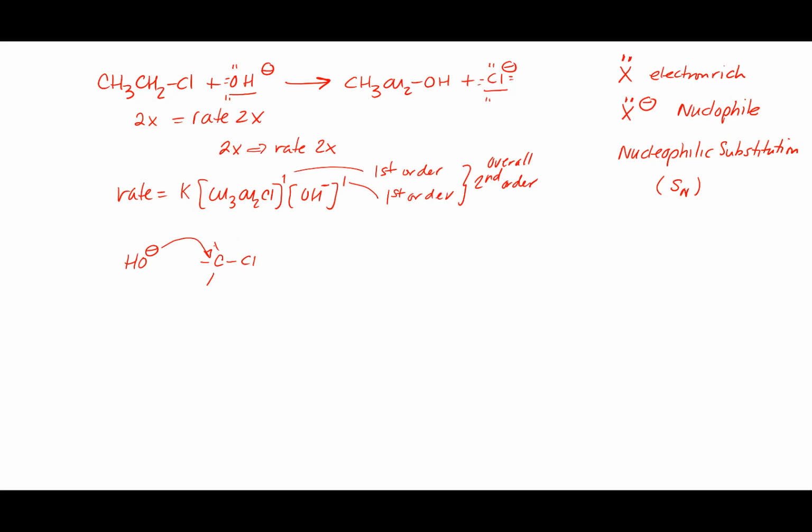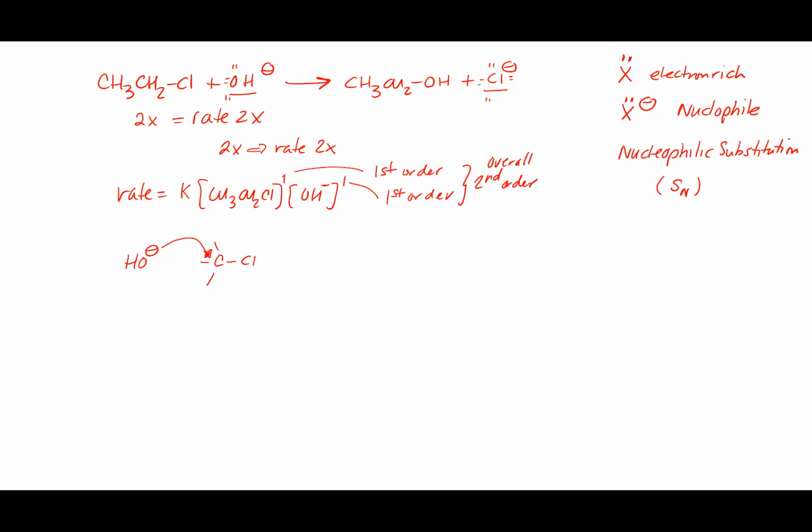And by attack, I mean it's donating its pair of electrons to the carbon to form a carbon-oxygen bond. So I'm using a full-headed arrow here, showing that it's going from the O minus to the carbon.